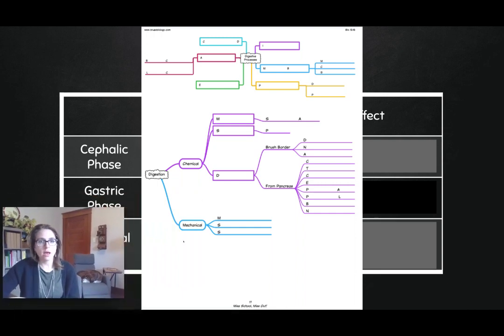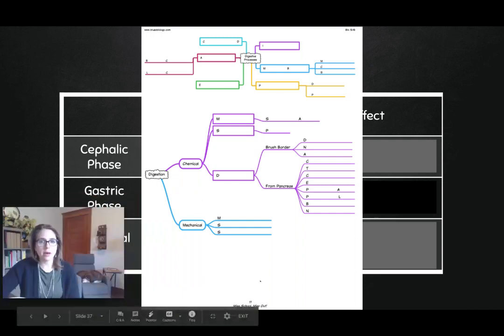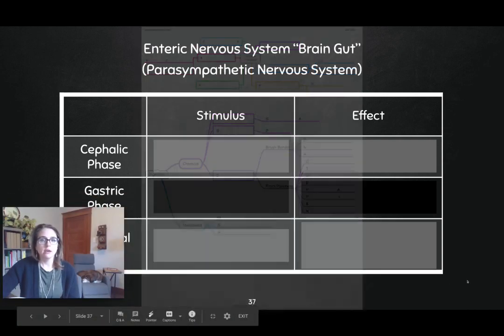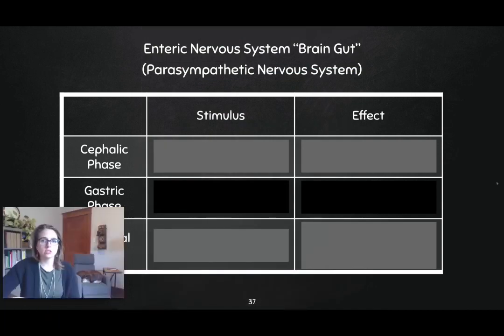So anyways, on the bottom of your page here, page 11, I want you to sketch a small table underneath there. So they call this your entire nervous system, actually, is called the enteric nervous system.